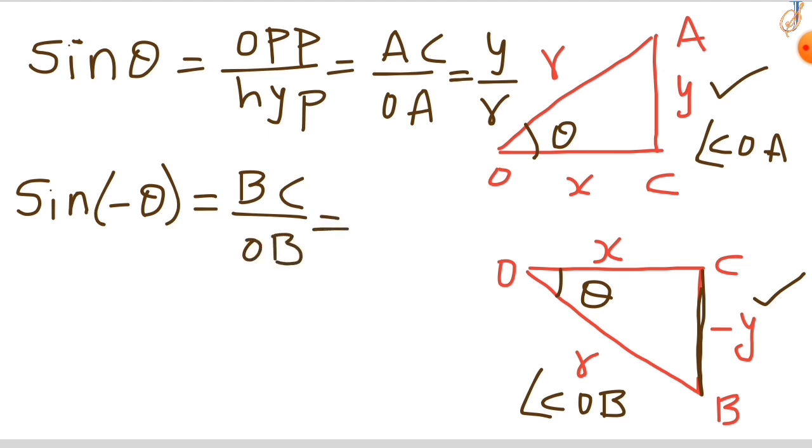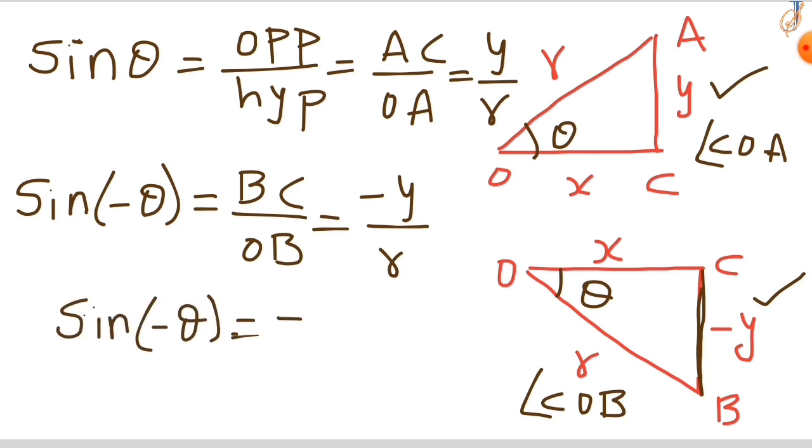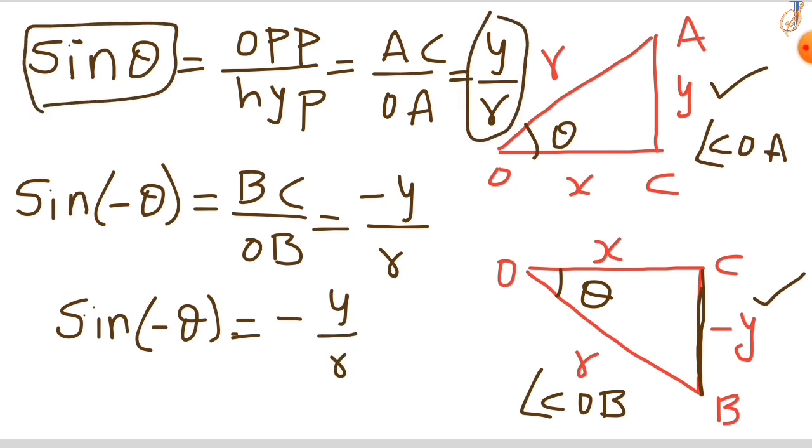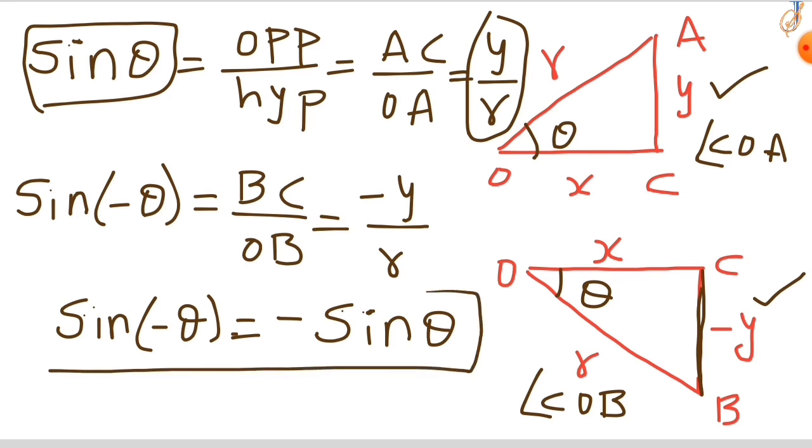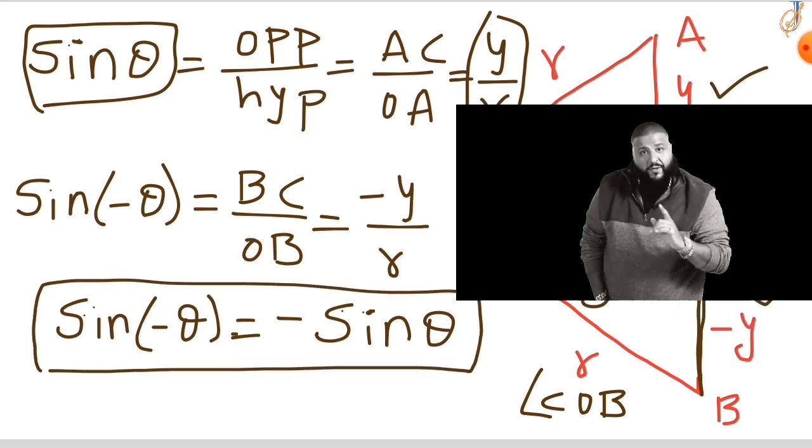So BC is nothing but minus y, and OB is nothing but r. So sine of minus theta is equal to minus of y over r. Y over r is nothing but sine theta. So instead of y over r, we can write sine theta. Hence we proved that sine of minus theta equal to minus sine theta by geometric method.